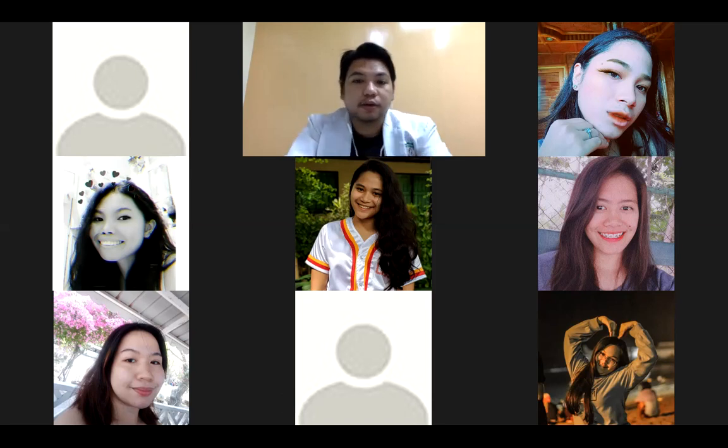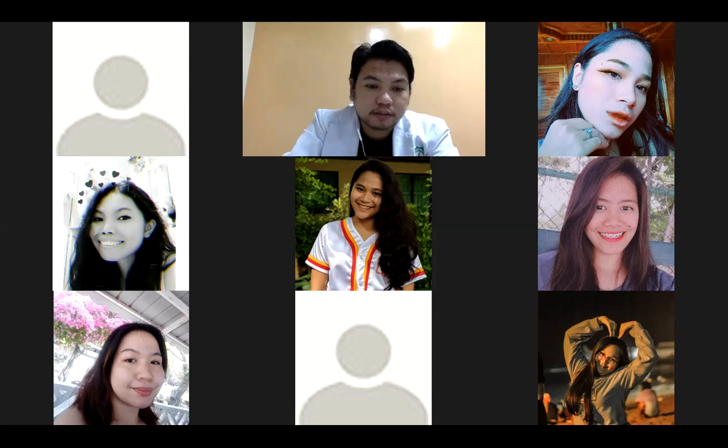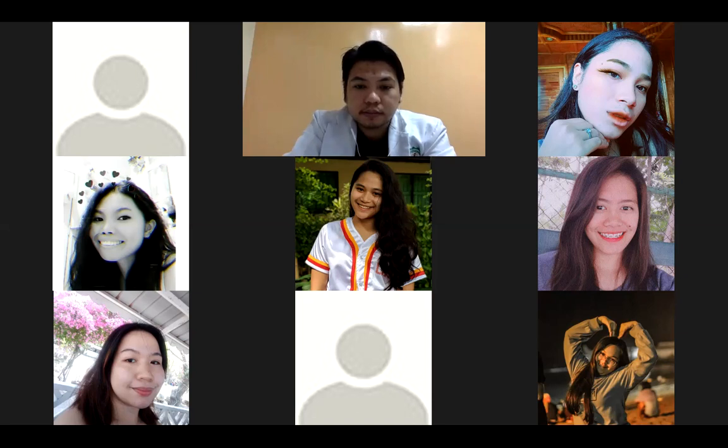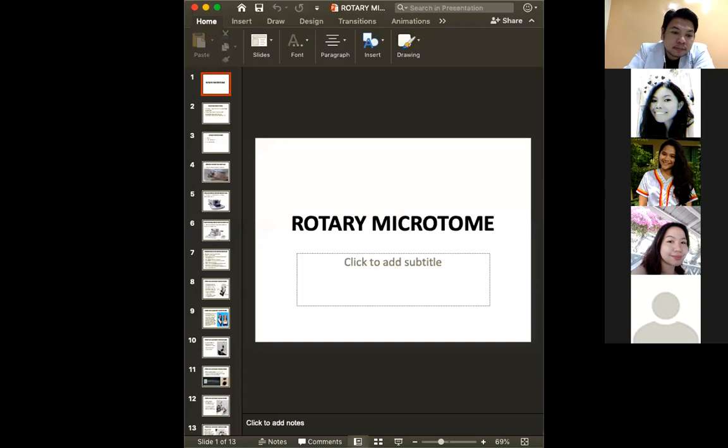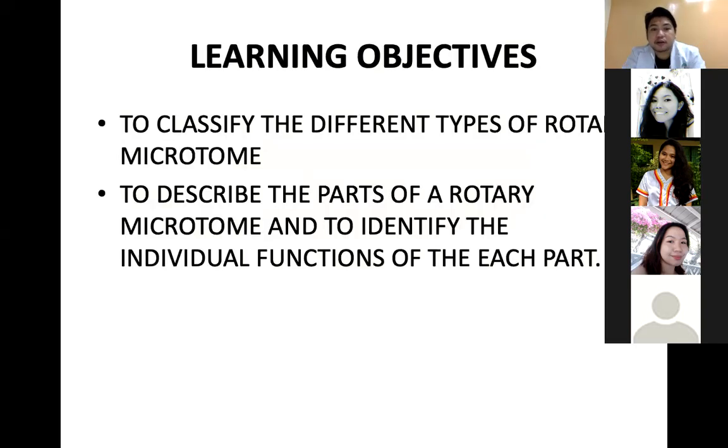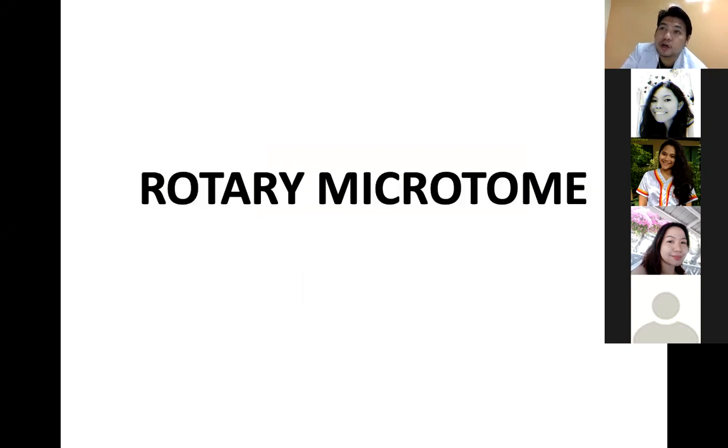Next, we have the rotary microtome. Okay, class, the rotary microtome is the most common or routinely used microtome in the histopath laboratory.